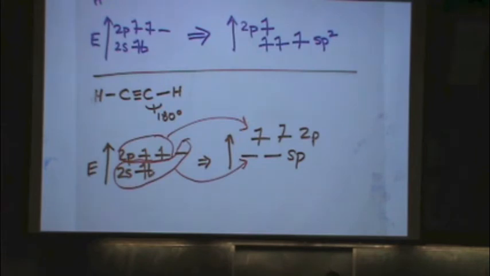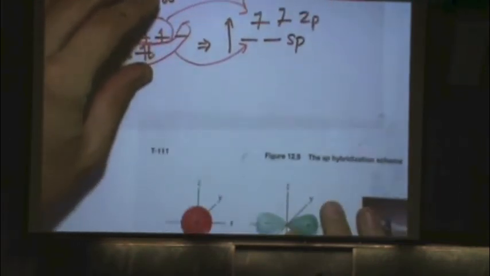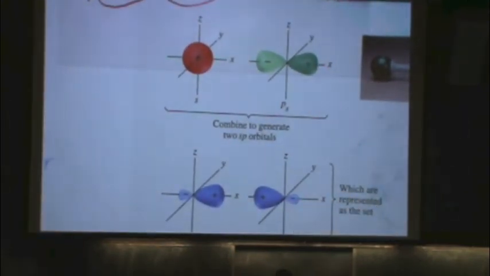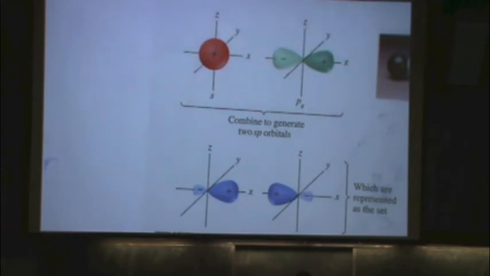What does this look like on a schematic sense? In this case, when you mathematically take an s and a p orbital and add them together, you're going to get these two orbitals, mathematically again. And then, when you put those two orbitals together, again, magically, scientifically, however you explain it, you get this. Okay?